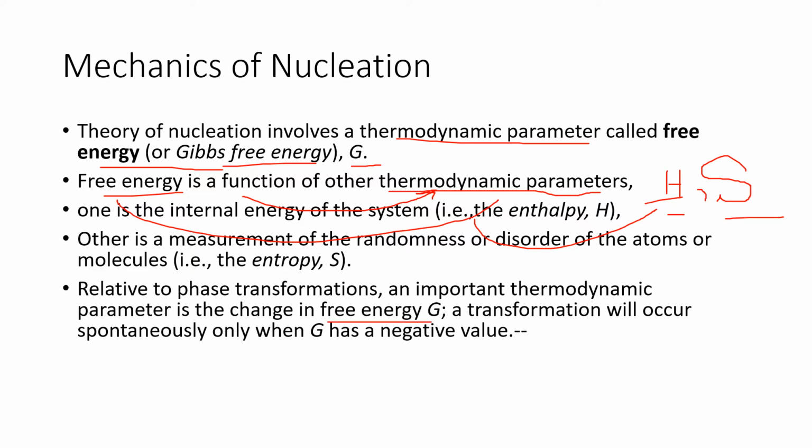Wherever we study the change in free energy, we represent it by delta G. A transformation will occur spontaneously only when delta G has a negative value.